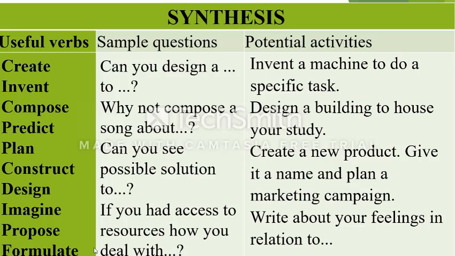If you are going to create a new product and you don't know which elements and parts the product has, then how can you create it? So you should know about its parts, its elements. Then you make a whole product. Write about your feelings. These all are the potential activities of synthesis. Is it clear?